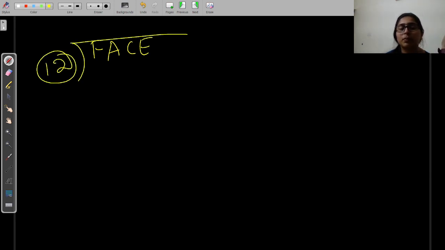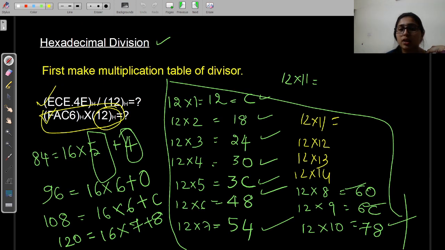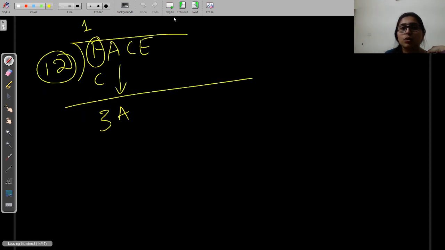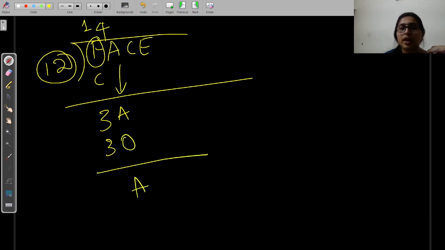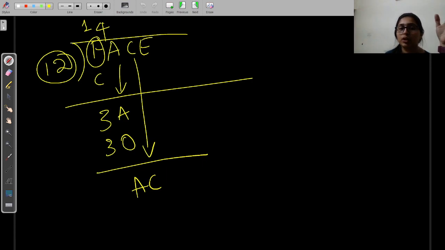Now you know the multiplication table. For this I can write 1 and this is C. 15 minus 12 is 3, I will take this 3A. Where is 3A? 3C is greater than 3A, but 30 is there, right? So go for 4, write 30, 10, so this is A. Take this AC, see which is less than AC.